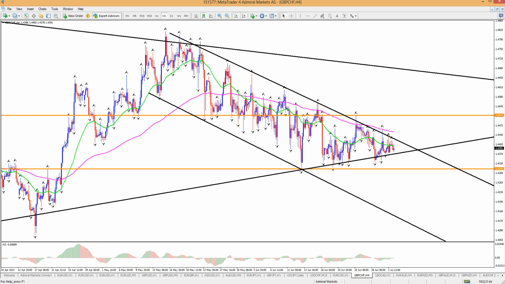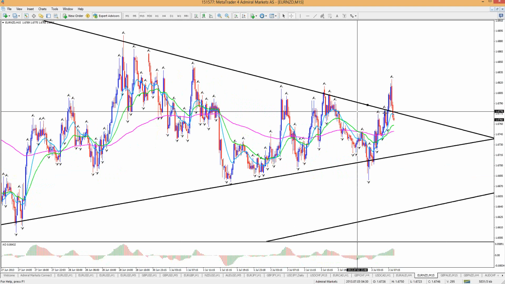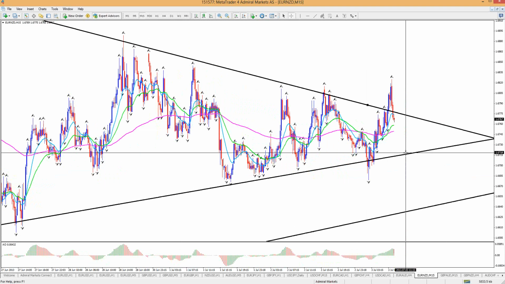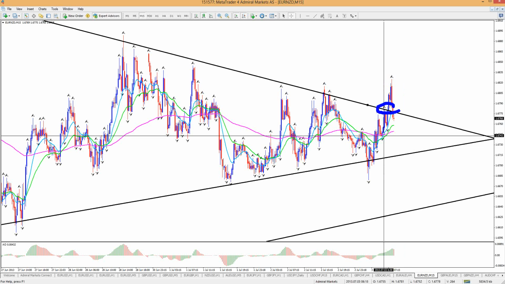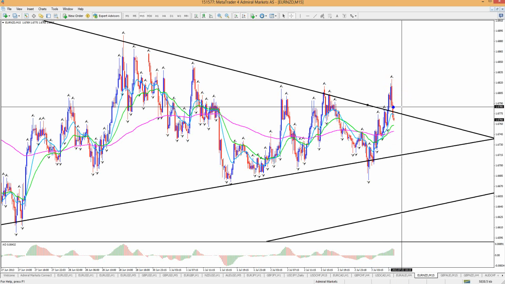So the Euro New Zealand, for example, definitely would be an example where I was thinking of taking this break on the 15-minute world, right in here, because of that trend line.